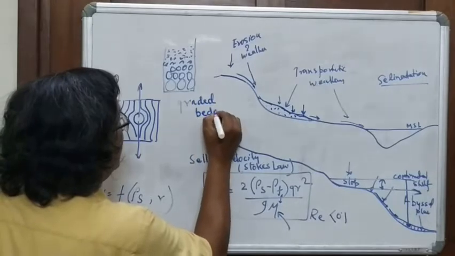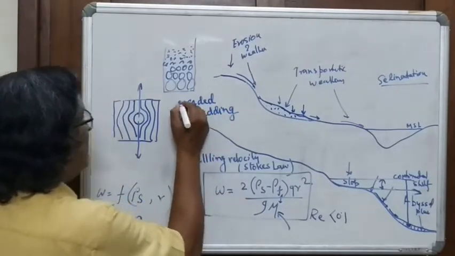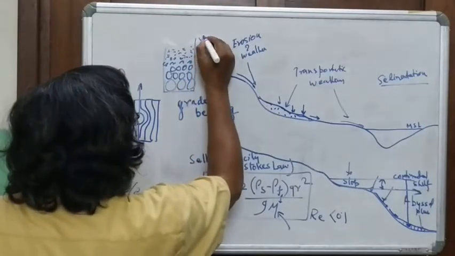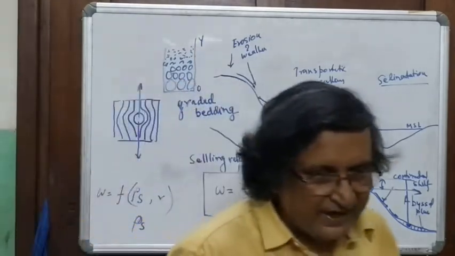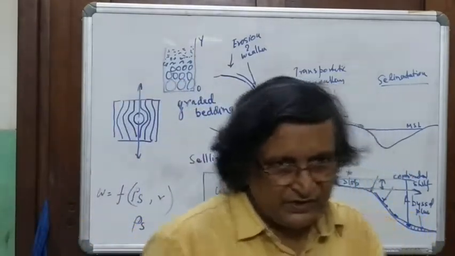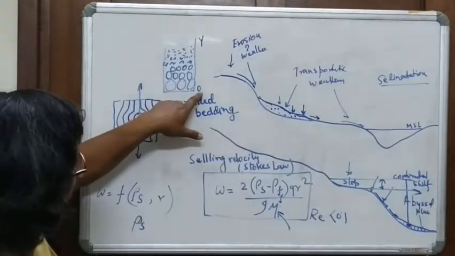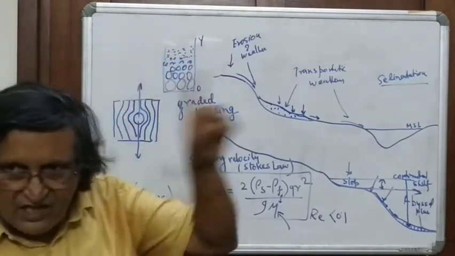Graded bedding. It's a very famous feature of sedimentary rocks. Now, this is very important that this is young and this is old. This is typically used for finding young and old sequences. If you have this one, then you know that your top means young.